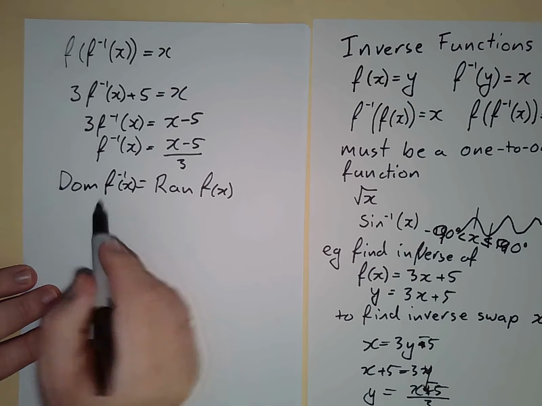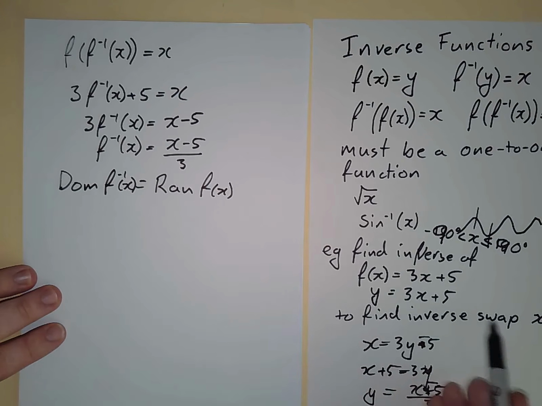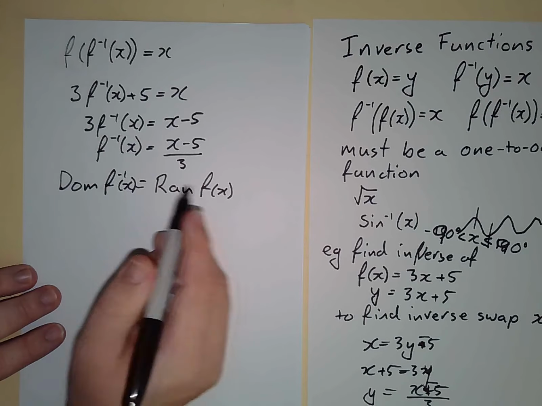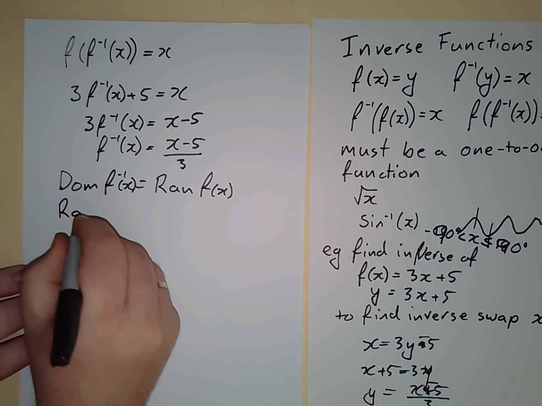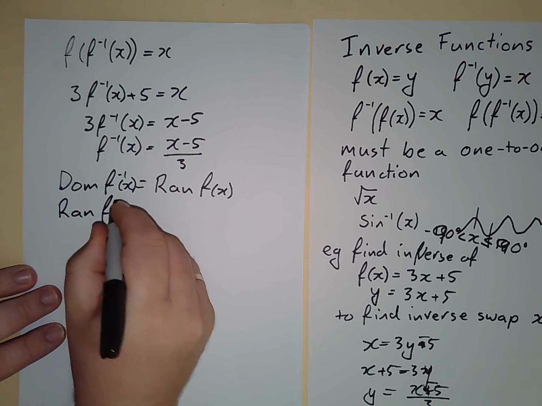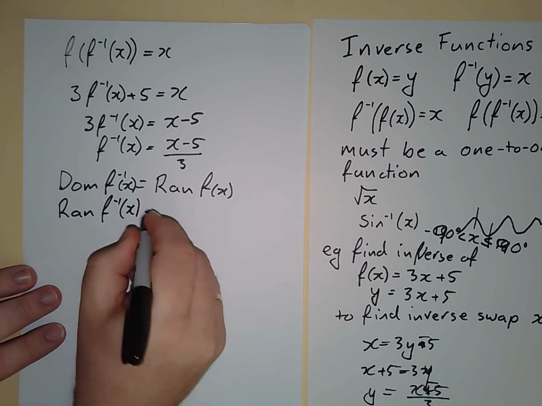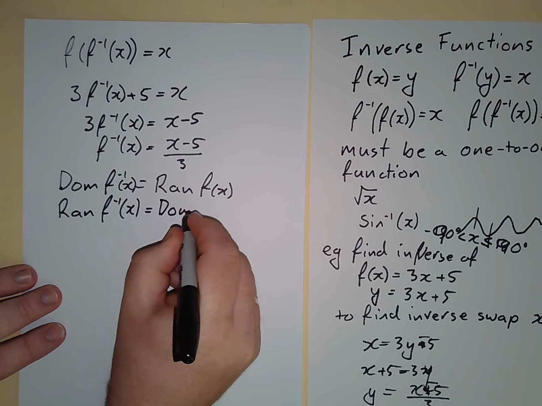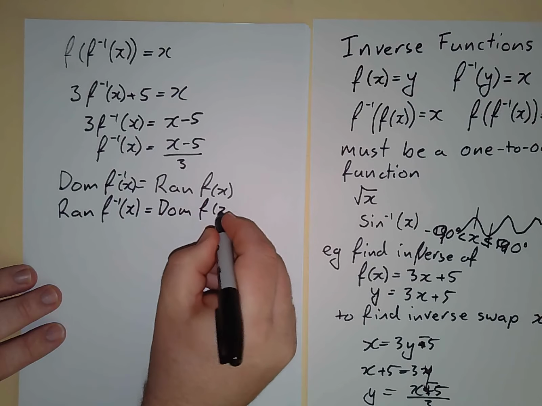Because it must take all the values you could have popped out and turn them back, and the range of our inverse is going to turn out to be the domain of our original function.